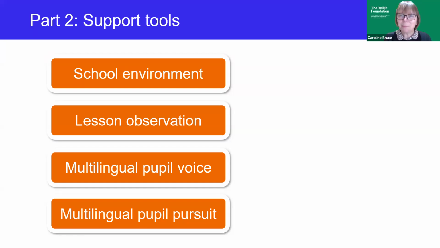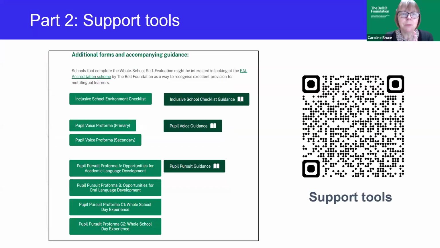The forms are brand new, they went on the website yesterday. And so we'd really welcome any feedback about both the content and the design features. So please do let us know what you think. Get in touch with us at the foundation and let us know any feedback. You can see the screenshot from the website there.